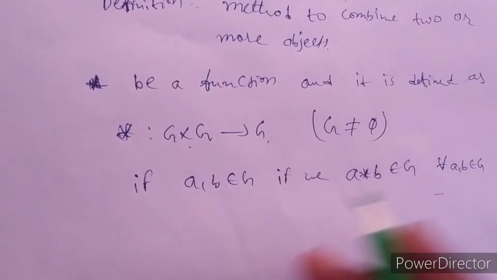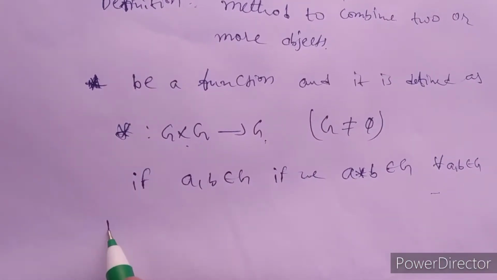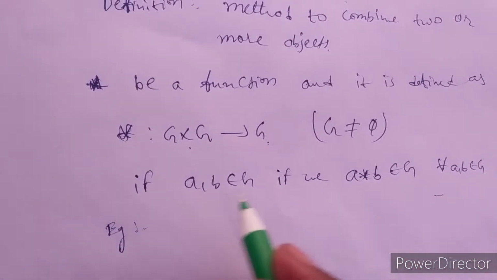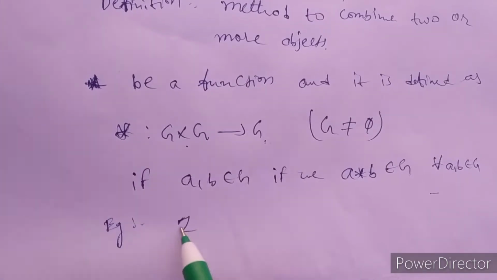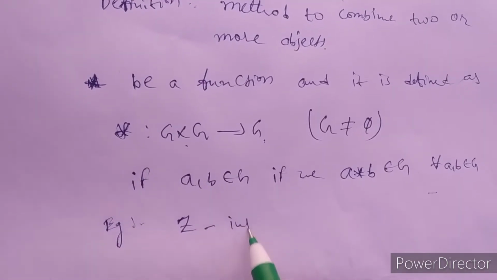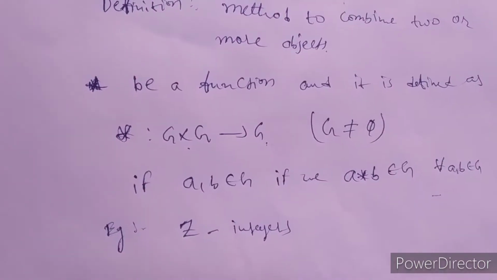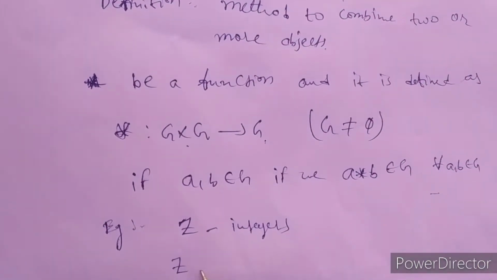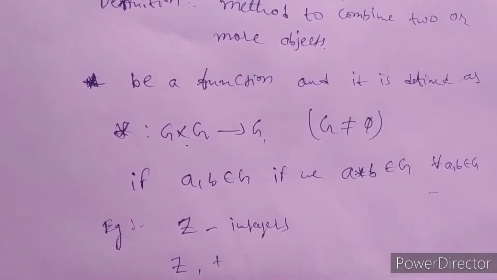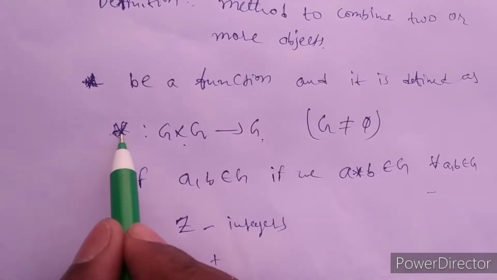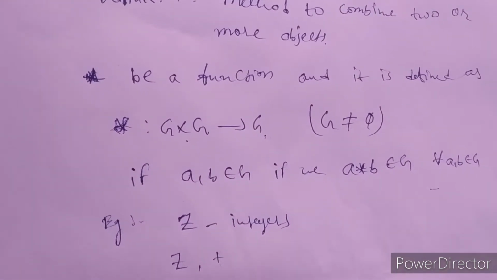Okay, so for example, let us take Z. Z is indicated for integers, and if we do the Z plus operation, that means in place of this star we are taking the operation of plus.